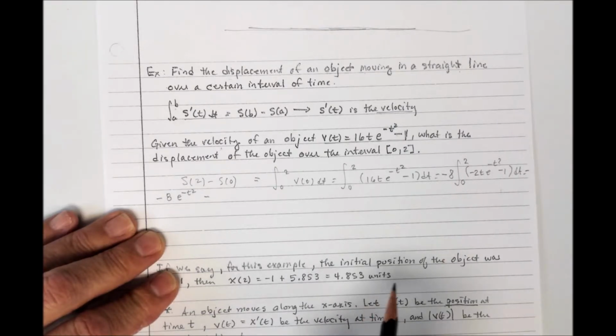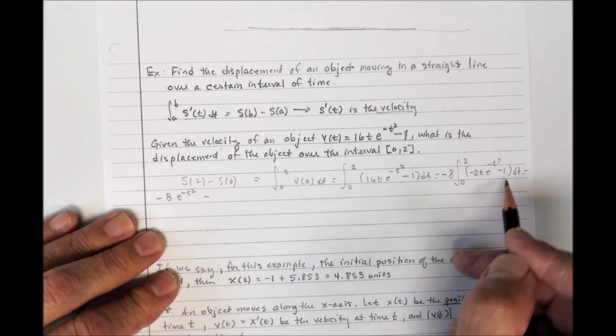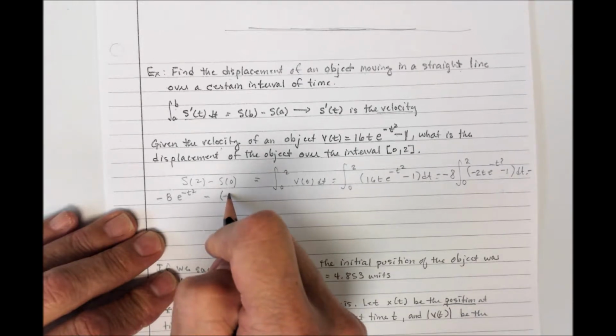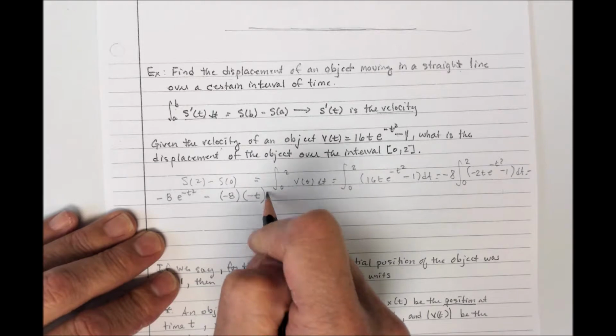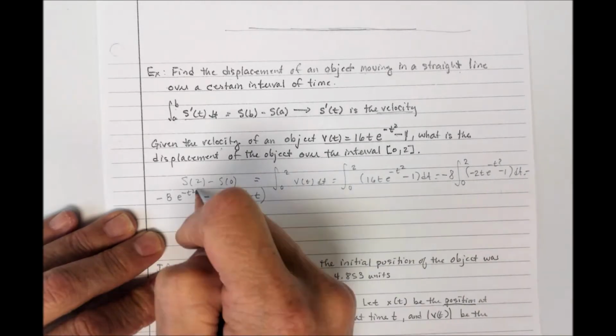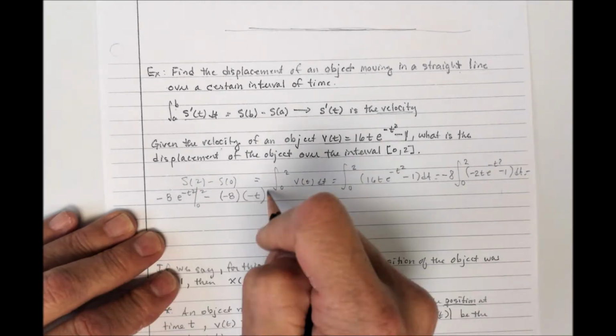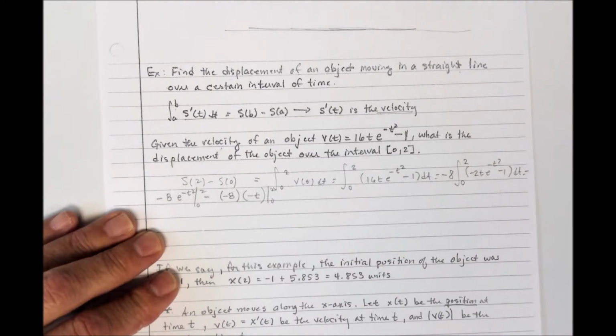So how do I want to write this? I've got a negative out in front, and that's a minus here, so I'm going to write the negative 8 times the opposite of t running from 0 to 2, and from 0 to 2. I guess I could have written that all a little bit differently here.